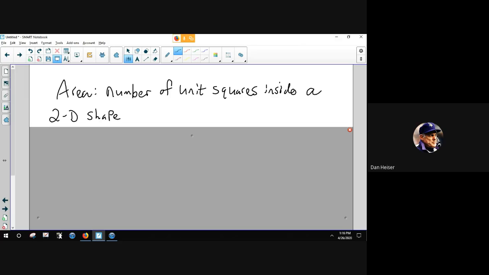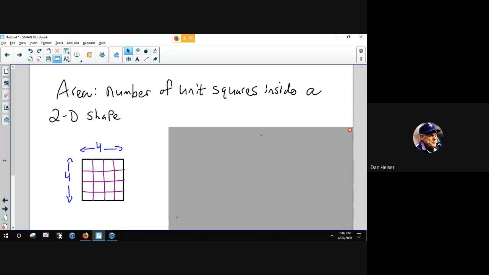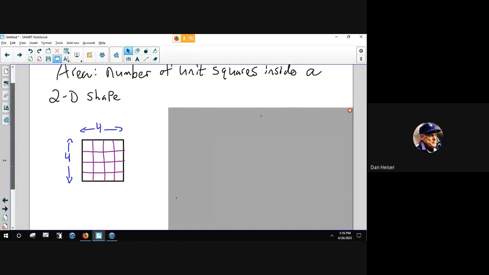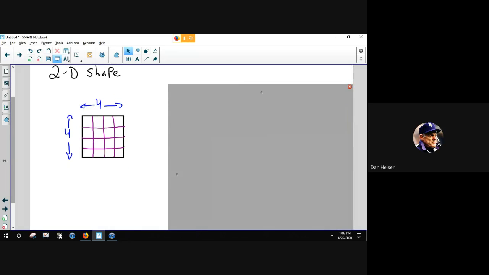So that's what area is. How many unit squares can we fit inside a shape? Well, let's start looking at some areas. Start out with, I have a square. And what I have done is I have split this square into unit squares.